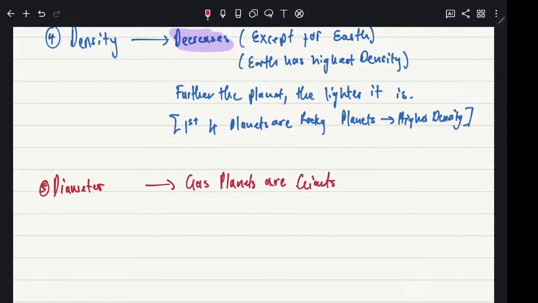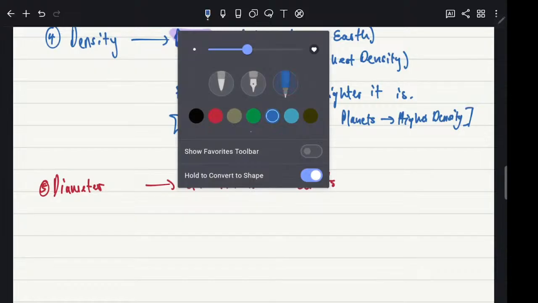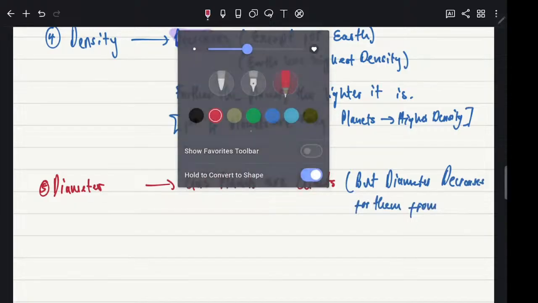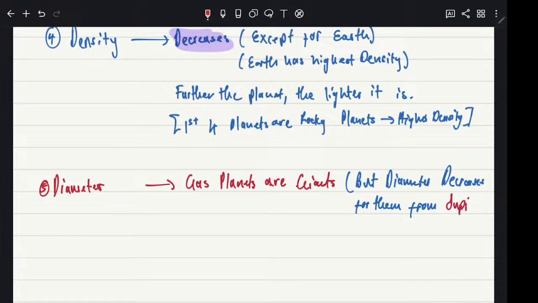Okay? But I want you to say, but diameter decreases for them from Jupiter to Neptune.